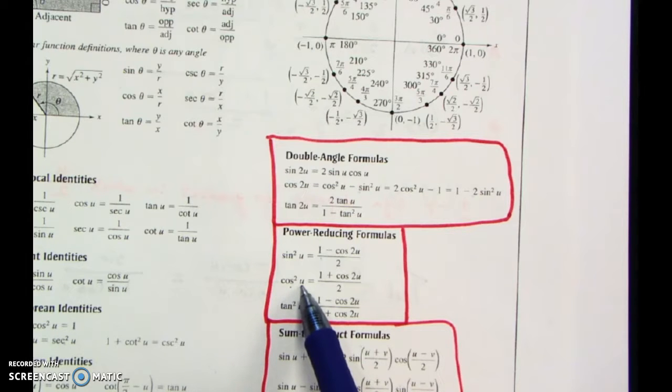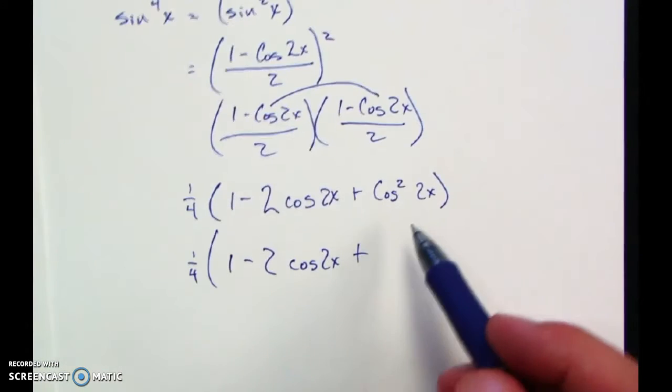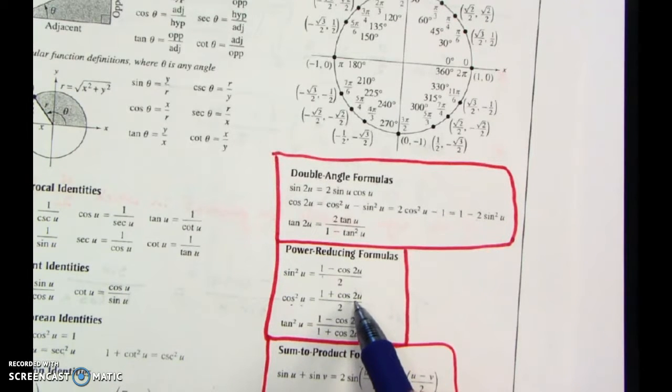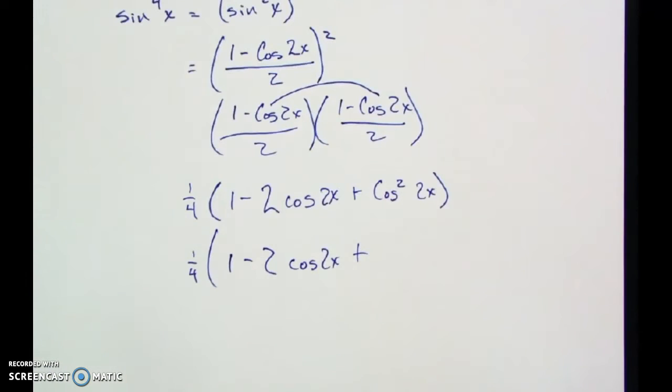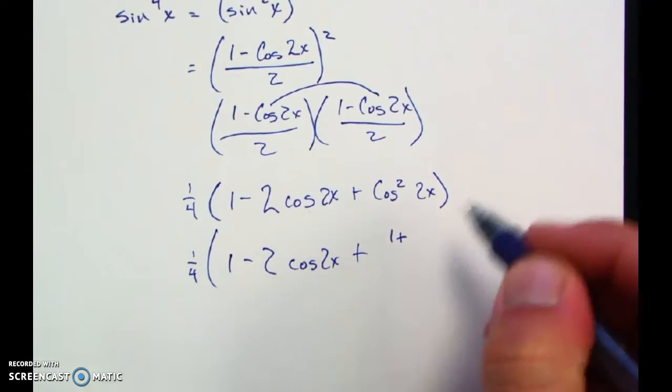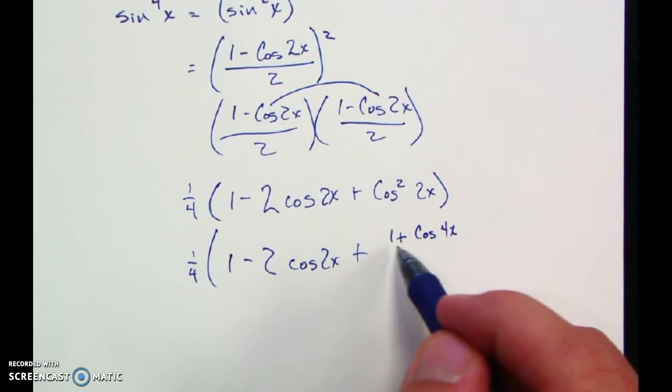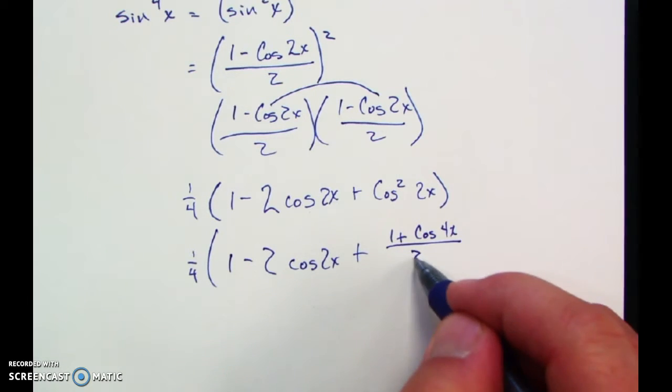Now notice this is just our u or x value, whereas here it's a double. So that means that's going to be 2 times that to make it a 4. So it's going to be 1 plus cosine of 4x all over 2.